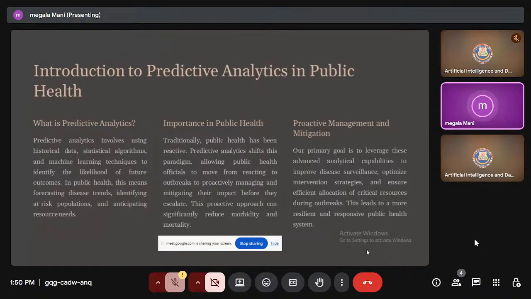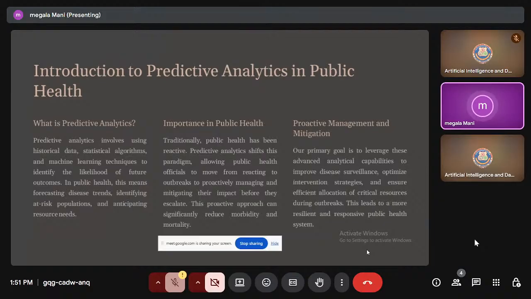What is the importance in public health? There are two ways to give importance. One is morbidity, meaning how many people are affected by these diseases in a given population, or in which areas people are falling ill. The second is mortality, meaning how many people die from a particular disease in a population.